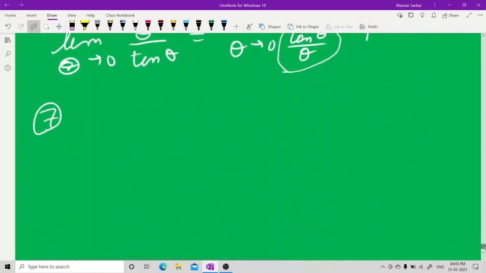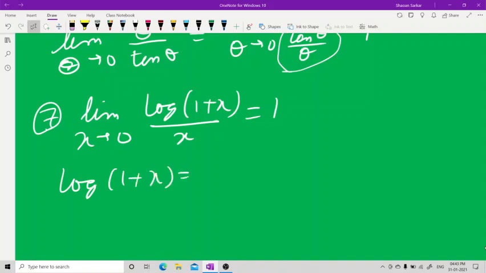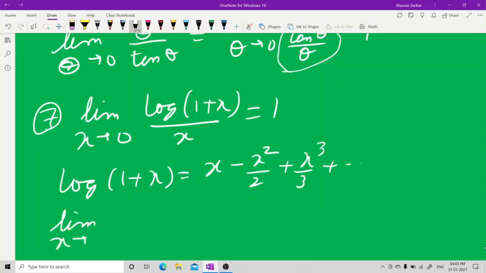The seventh one is the limit as x tends to 0 of log of 1 plus x upon x, which is 1. Now log 1 plus x is x minus x square by 2 plus x cube by 3, and so on and so forth.